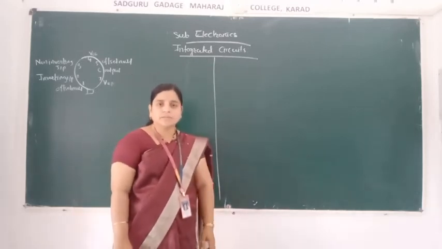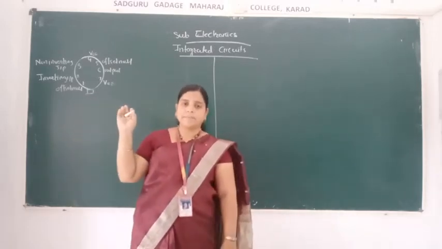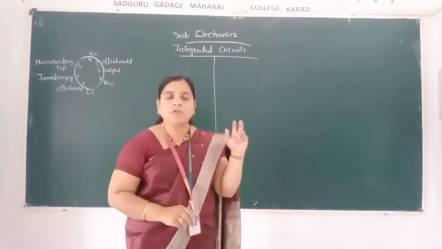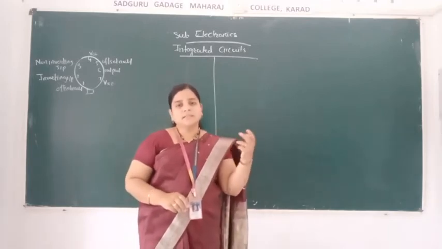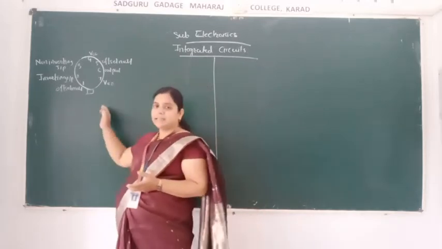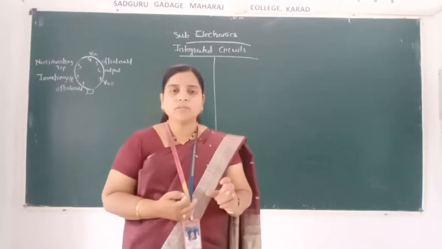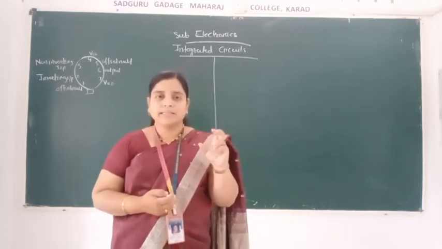Next is the operational amplifier, that is op-amp. The whole chapter of operational amplifier is taken. Therefore, I am not again taking all these things in this chapter because only one part is given here.